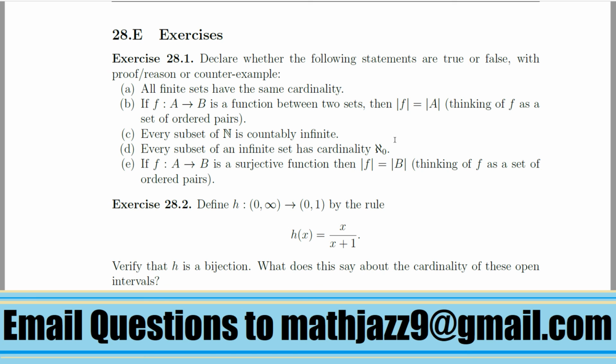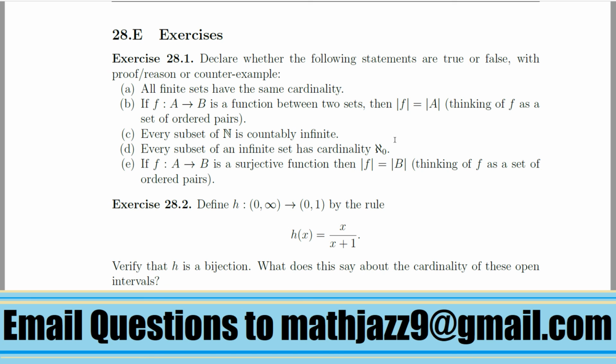And it's not so bad of a proof. If f is a set of ordered pairs, then these ordered pairs have two coordinates. The first one is the element of A. If you have a function, then you have two properties.